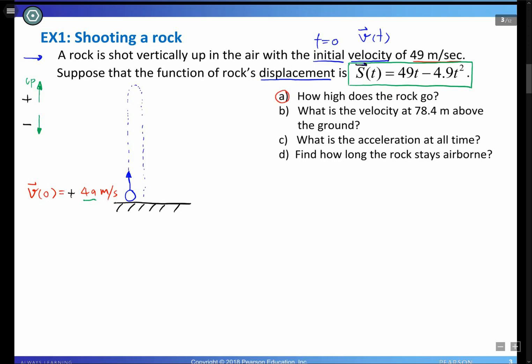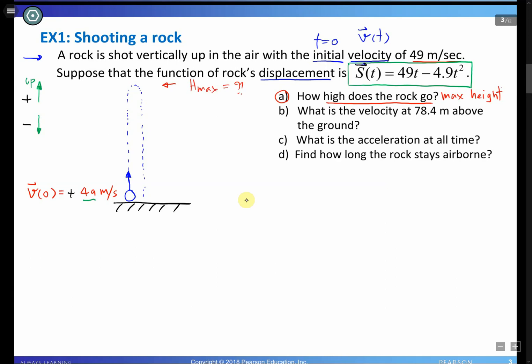So they want to know how high the rock goes. So basically they want to know the maximum height of this flight. So they want to know the height at this point. H max equal to what? At this point we don't know. So let's find out about that down here.